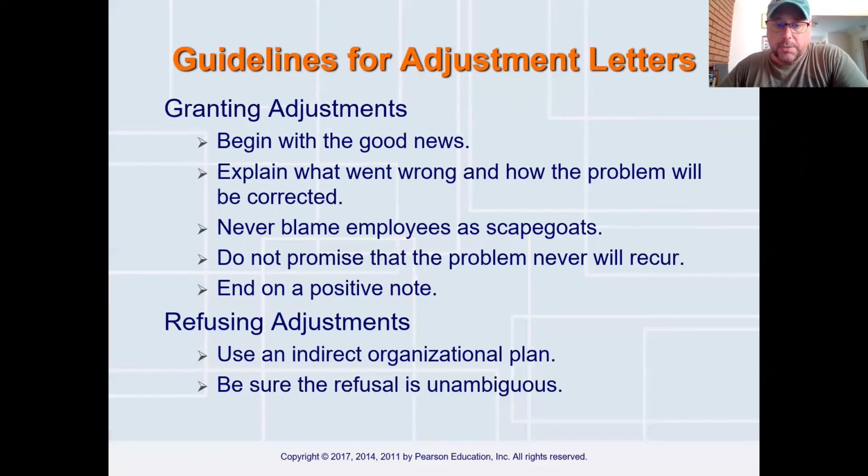If you're refusing adjustments, you want to use the indirect organizational plan where you soften the blow and be sure the refusal is unambiguous, okay? If you are refusing, it needs to state plainly that this is being refused. Don't go in there and say, oh, I don't know, I don't think that's a good idea. There's too much meat on that bone, and people will read into it in all kinds of ways, and there will be resentment afterwards.